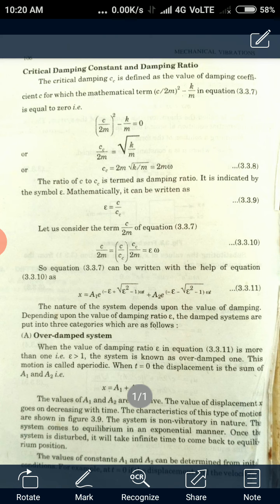Understand what I am saying here? You call the damping coefficient c the critical damping coefficient Cc only when this whole term, c by 2m whole square minus k by m, is equal to 0.